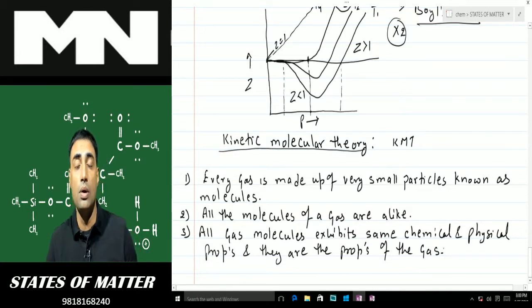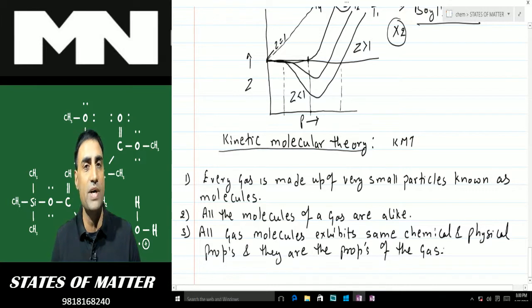So students, all molecules of a gas exhibit the same chemical and physical property, and the property which is exhibited by a gas molecule is the property of that gas.